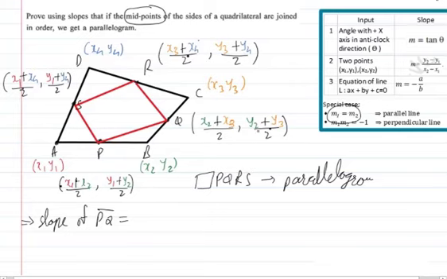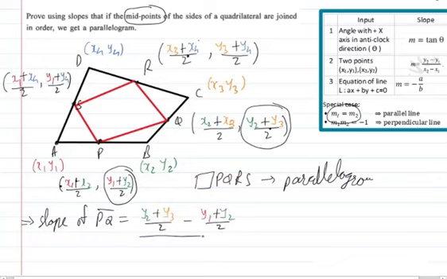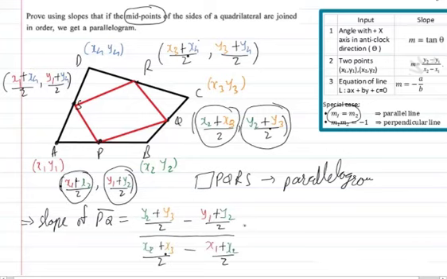To get the slope, we have to take the difference of y upon difference of x, right?